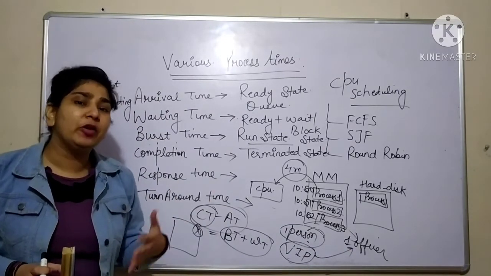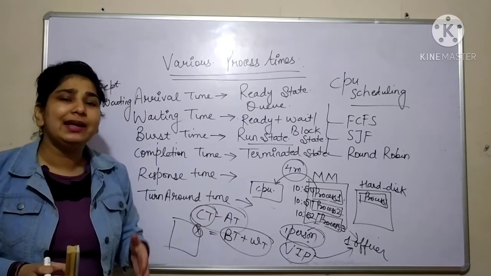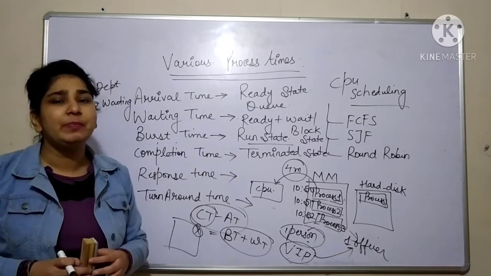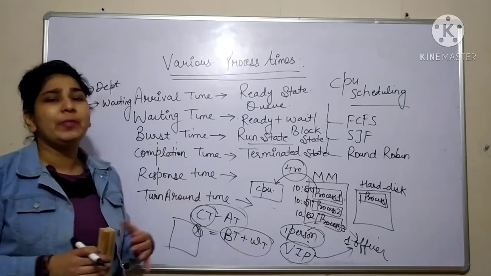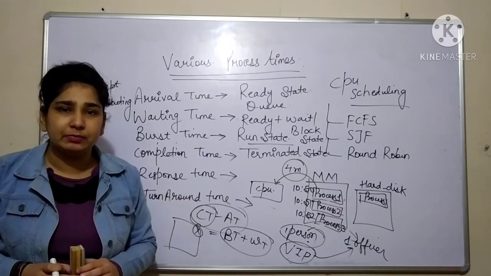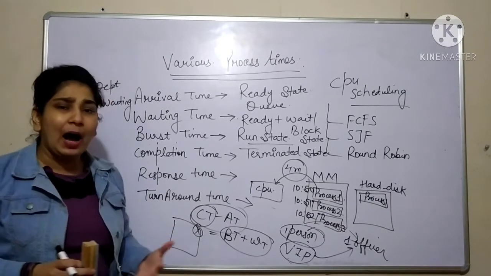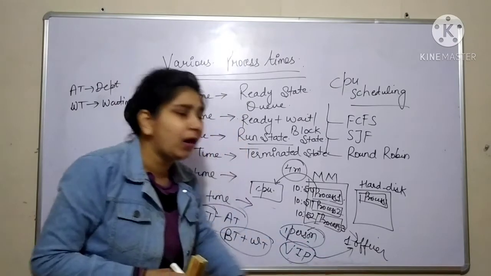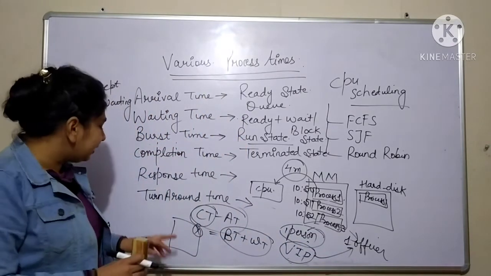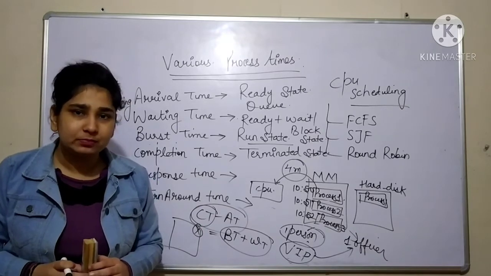So the intermediate time between when he arrived in the department and when he is leaving the department, we call it the turnaround time. How long he waited in the department, how long he talked to the officer, the complete time we call the turnaround time.